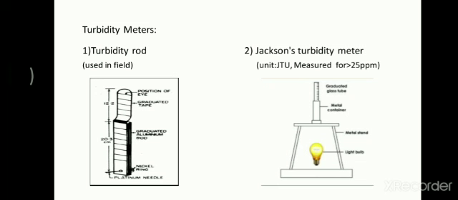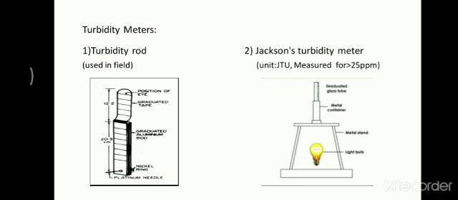To find the turbidity, the rod is immersed in water, the eye is kept constant at the marked position, and the rod is moved slowly in water till the platinum needle disappears, and the turbidity is the reading at the water surface in ppm.